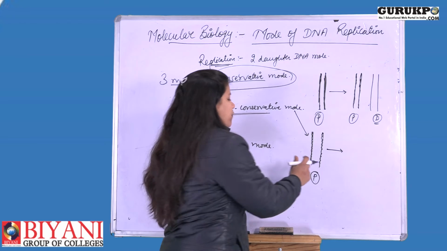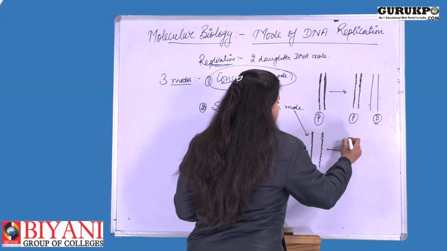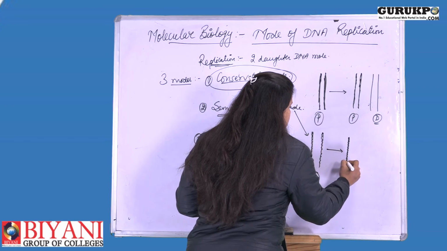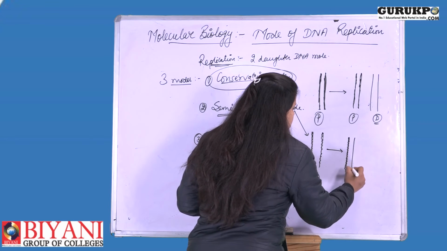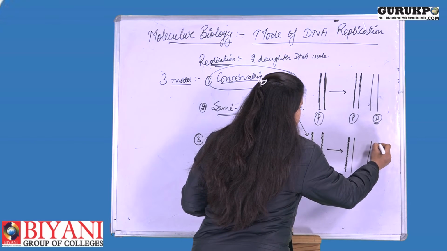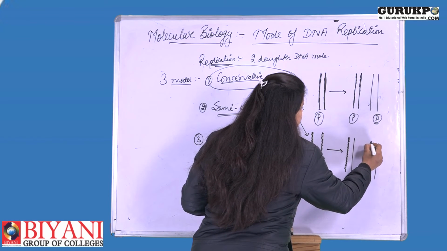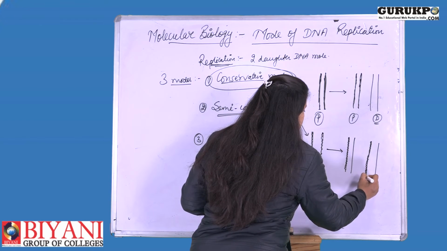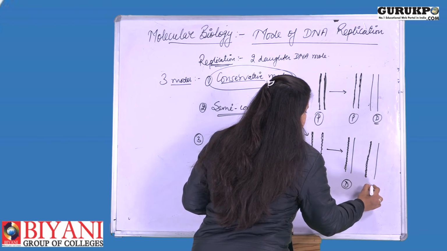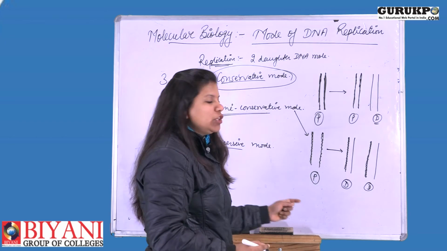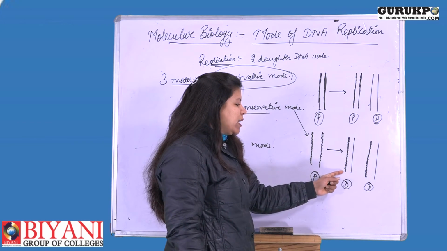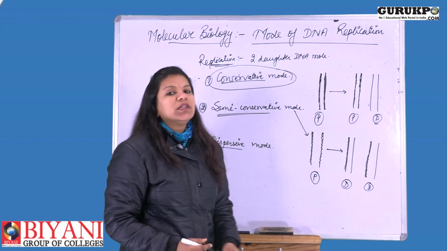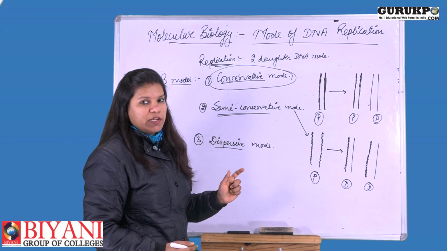That is, when this parental DNA is used, then two DNA molecules will be formed, in which both the DNA molecules will possess one strand from the parent and one strand which will be newly synthesized. So this is the semi-conservative mode.